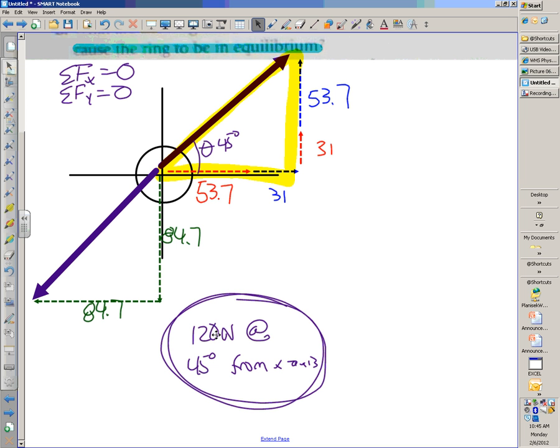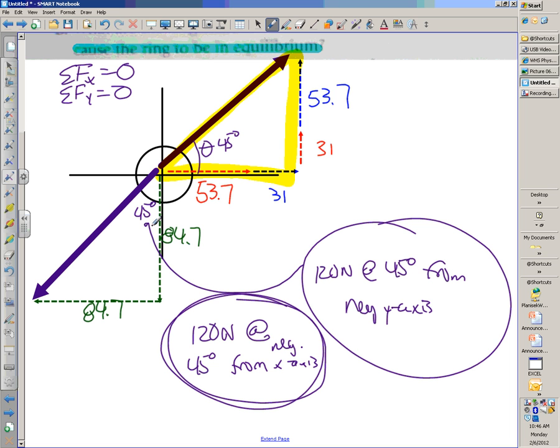But if we look at the value and the direction, it's going to be 45 degrees again, but we probably adjust that to being 120 newtons at 45 degrees from the negative x-axis, or we could say, the way I have it labeled here, 120 newtons at 45 degrees from the negative y-axis. And that would give us this angle right here.